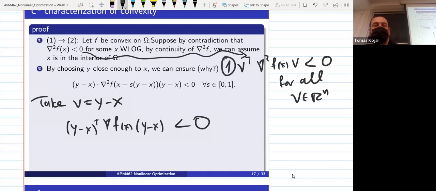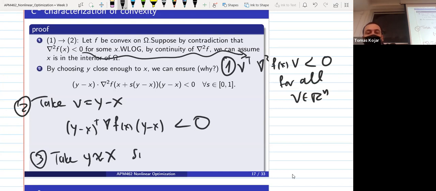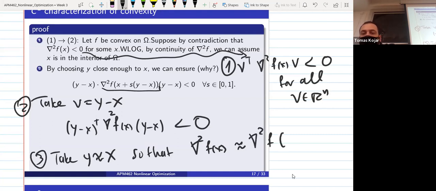So step 1, step 2. But then by continuity, take y very close to x, so that Hessian of f of x is very close to the whole thing they wrote over here. Do you understand?